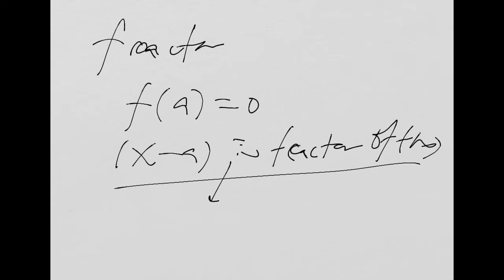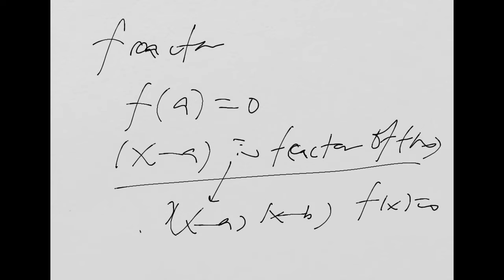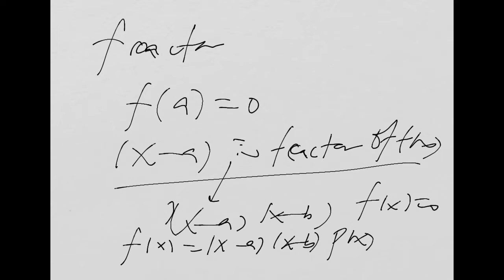Polynomial theorem, or we call it the remainder theorem, or you can call it the factor theorem. If you have two solutions, f(a) and f(b) both give f(x) equals 0, then f(x) has two factors. But it can have other polynomial factors too. So these are the things.